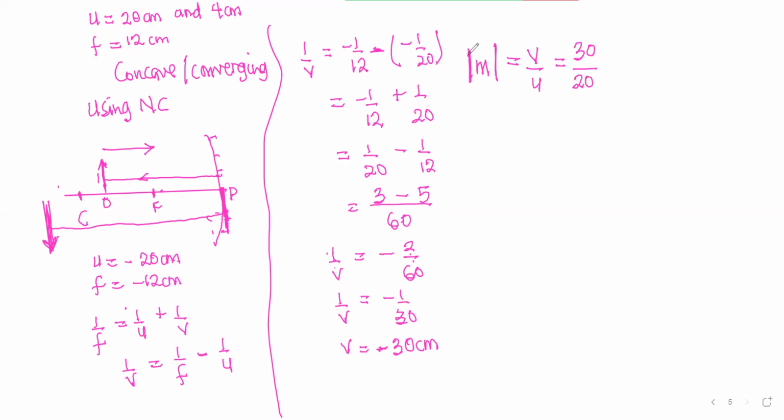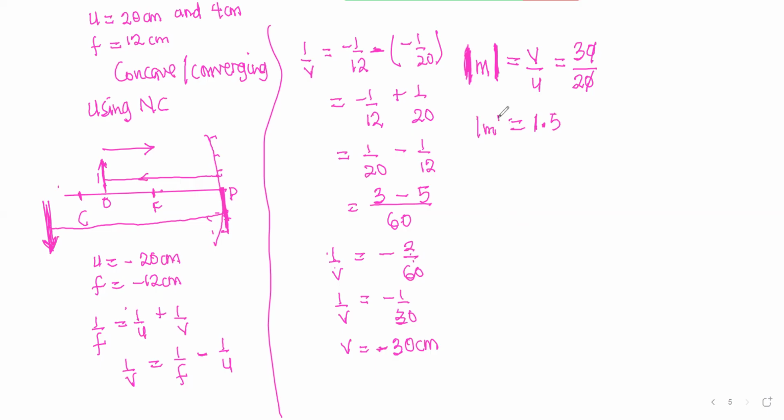Now, when you bring the magnitude here, it means that you are considering numerical value. The negative simply means that take your measurement in a direction against the direction of incident light. But in numerical terms, you consider the number 30. That is why I have this absolute value or magnitude here. So 30/20 is equal to 1.5.